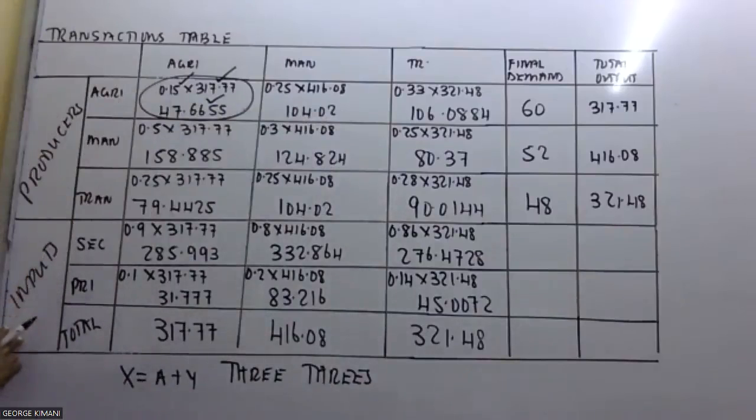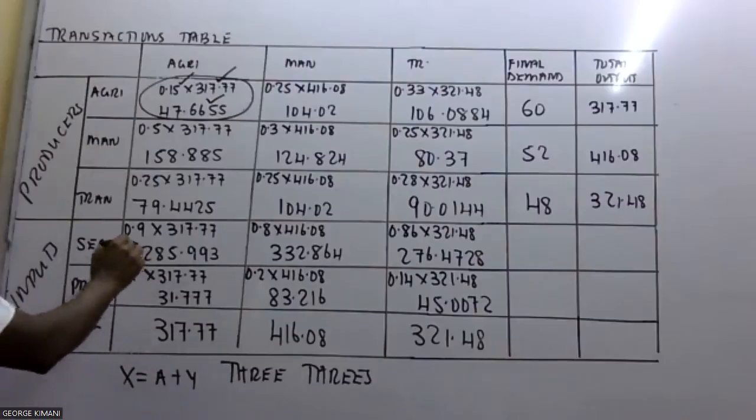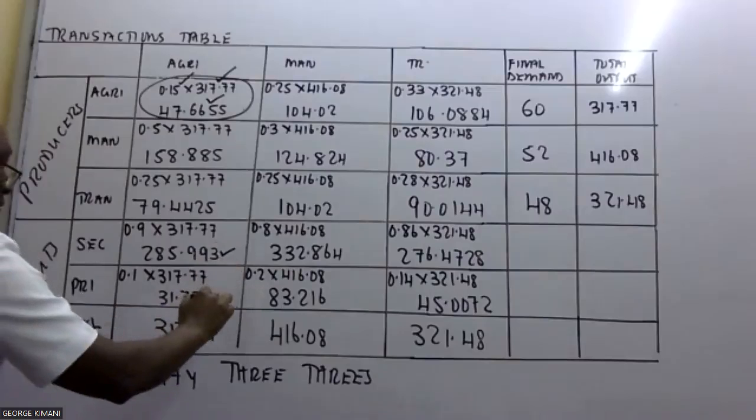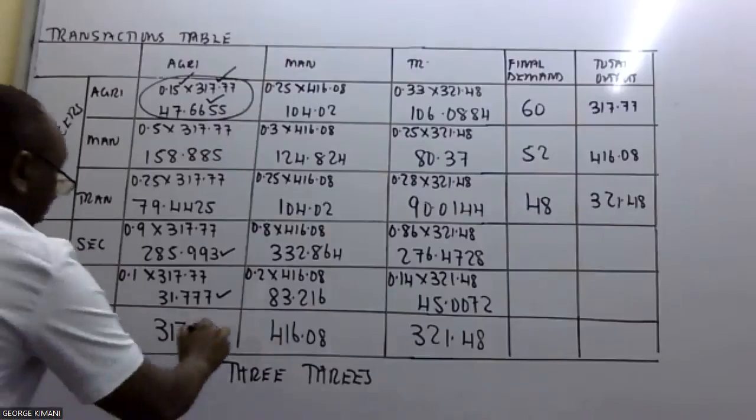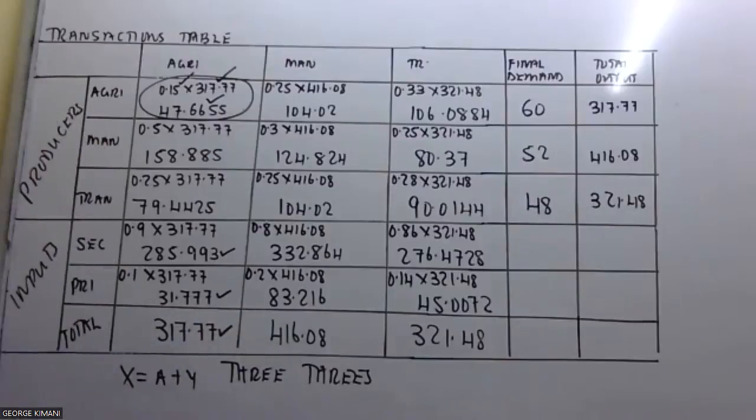On our input, the secondary and primary. If you add, obviously, like this 0.9 plus 0.1, it is 1. In other words, this 285 plus this one, 285.993 plus that 1.2%, gives 317.